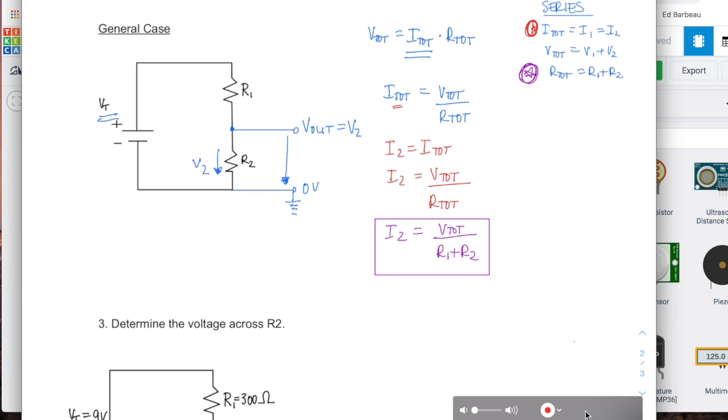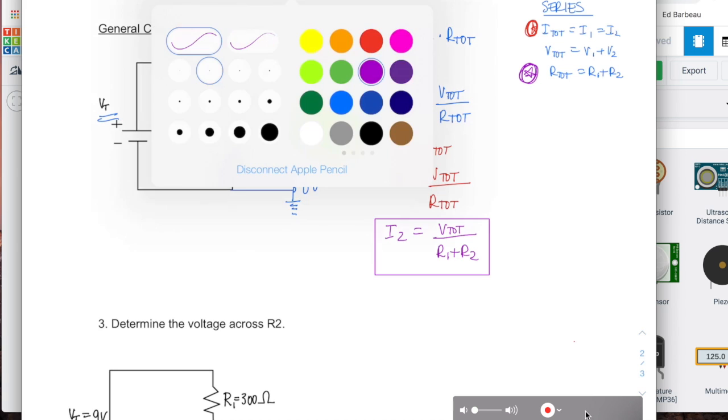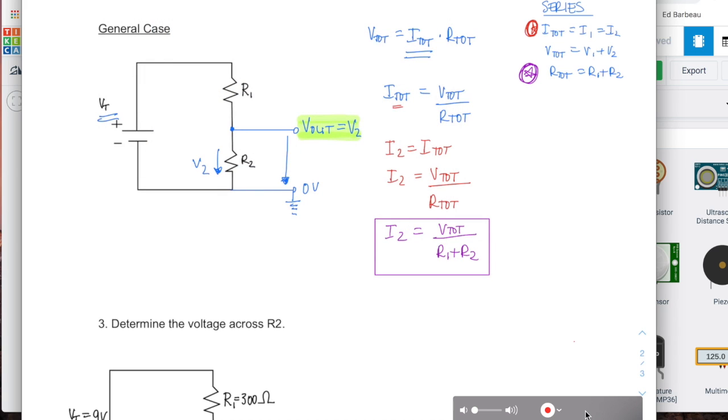Now let's keep in mind what we're trying to solve for here. We want to figure out what V out is. We know that V out is the same as V2, and we also know that V2 equals I2 times R2. So we're going to write V out as I2 times R2.